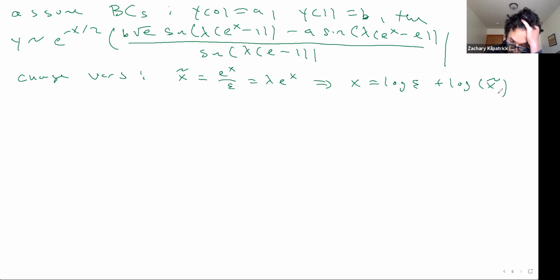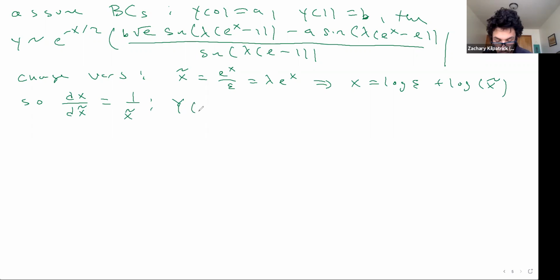So dx over dx tilde is equal to 1 over x tilde.